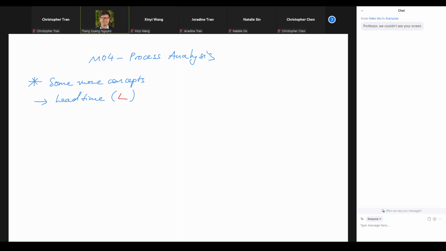And then today we talk about the next concept called the required production time, or T of Q.